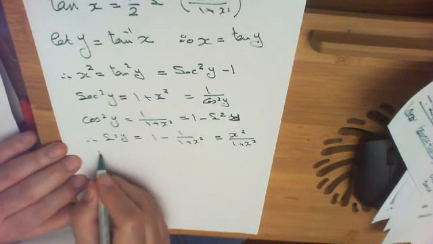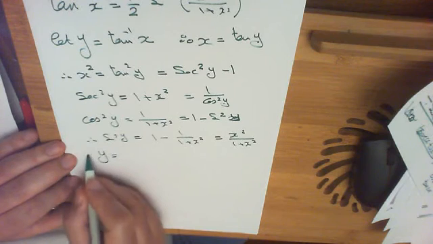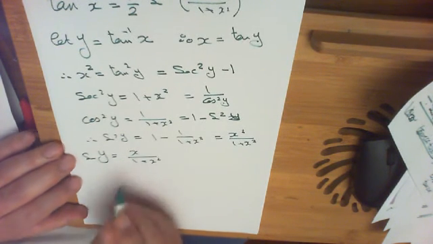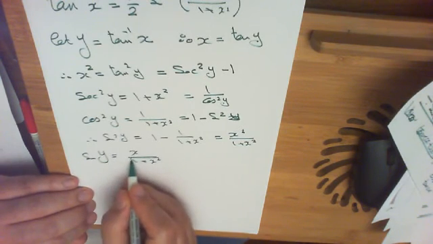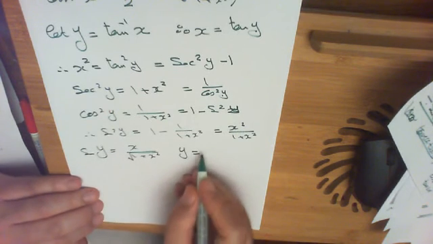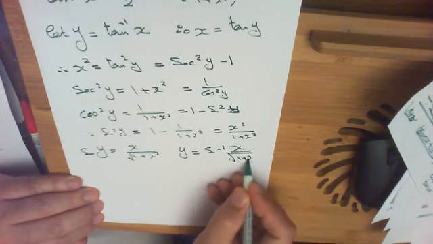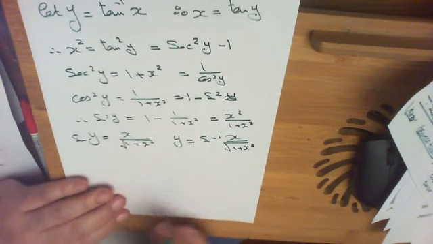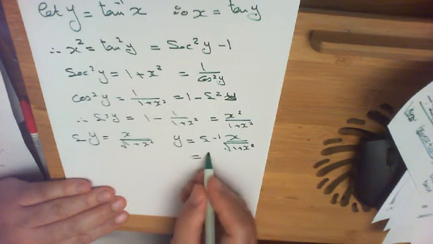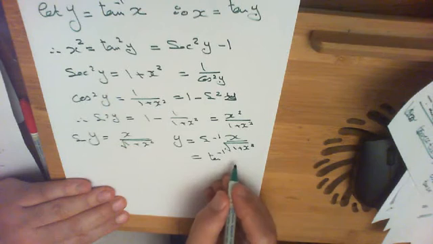So sine y equals x over root of 1 plus x squared, right? So y equals sine minus 1 of x over root of 1 plus x squared. This is tan minus 1 x.